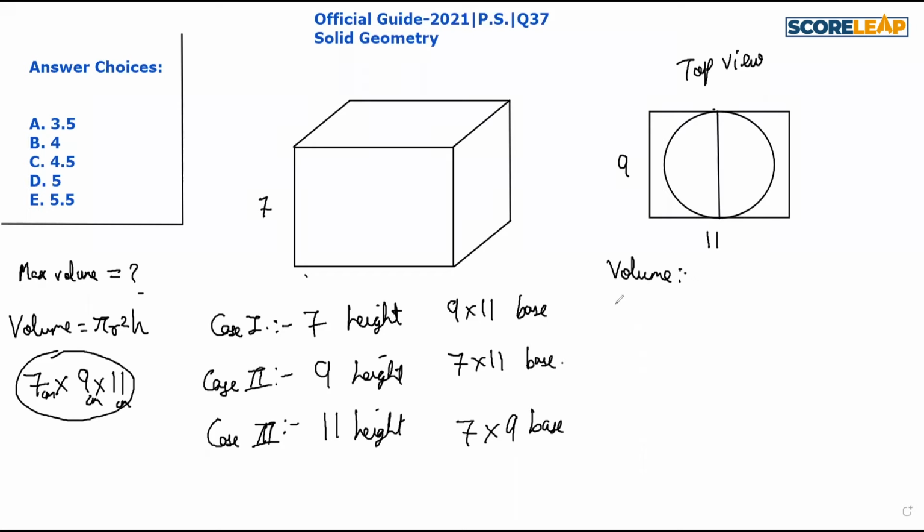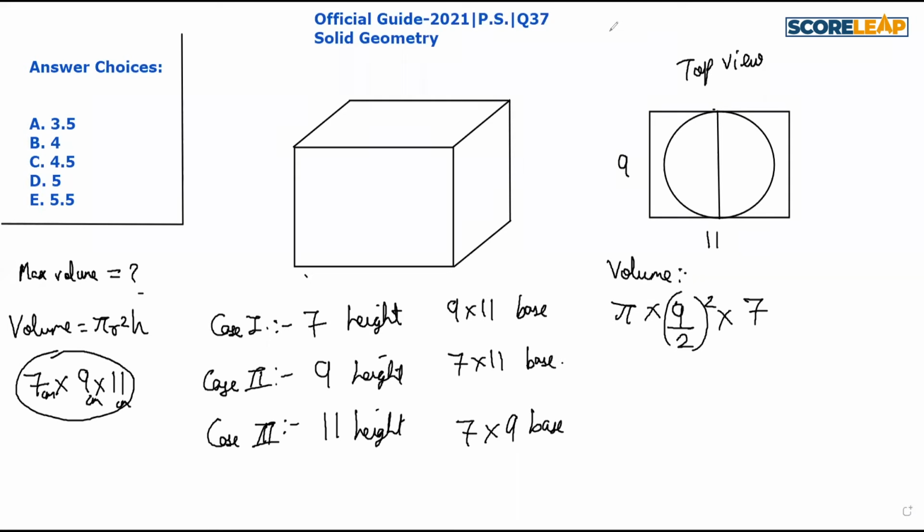The volume of the cylinder becomes pi into r square, which is 9 by 2 whole square, into height 7. Now for the second case, the height of the cylinder is the height of the box, since the cylinder is placed inside the box.